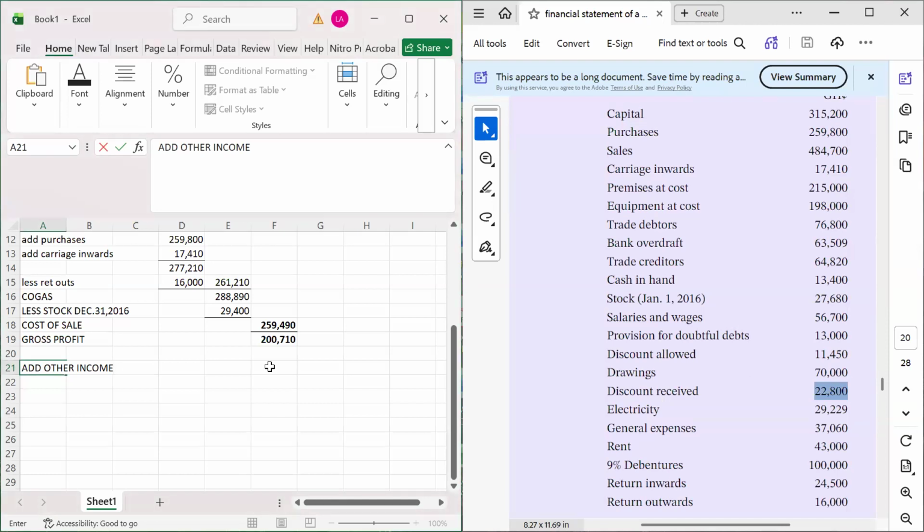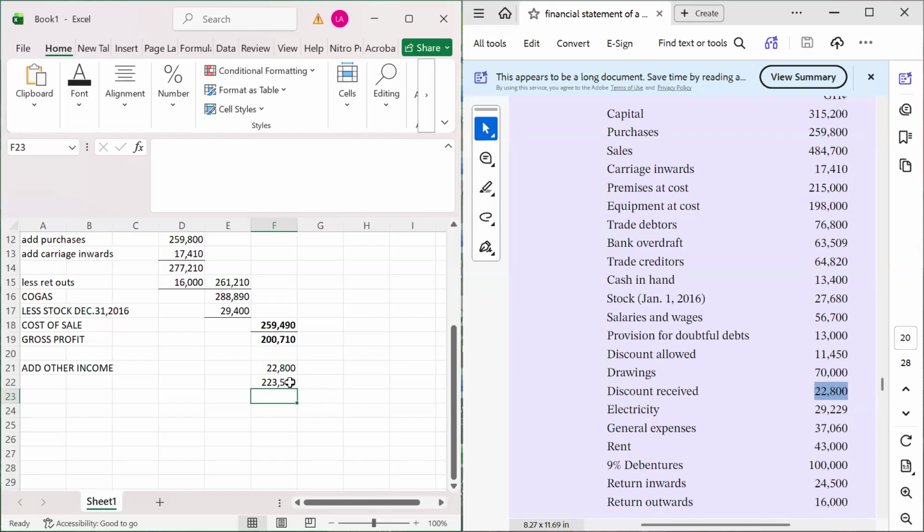So you add it to gross profit. Okay? And then when you add it, we'll get our net income. So this will be equal to this plus this. It gives us this.